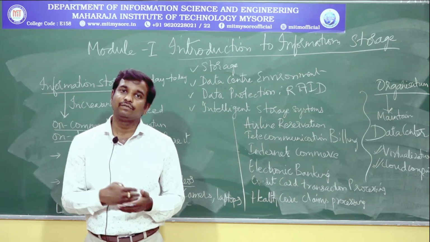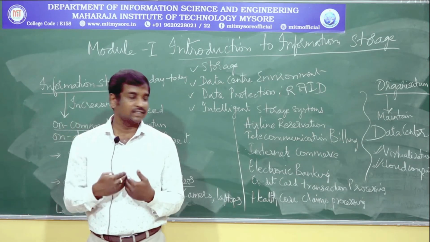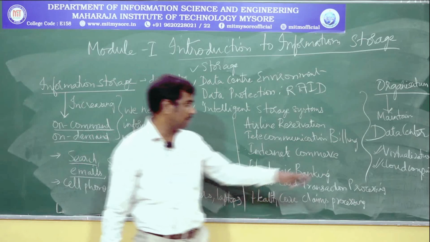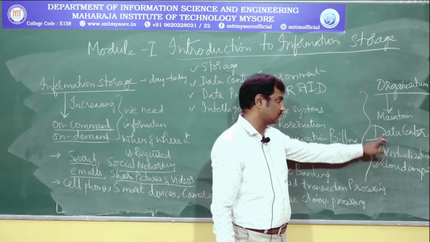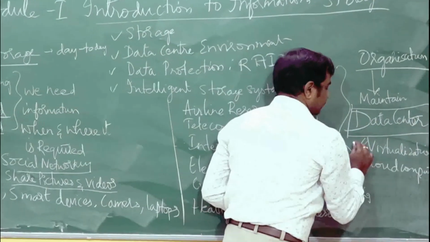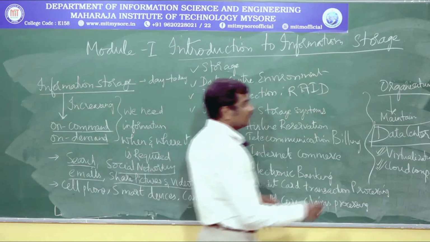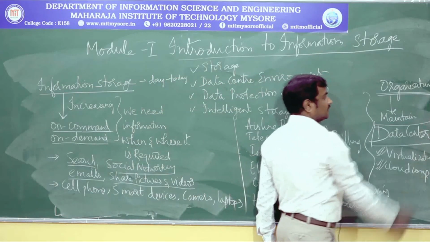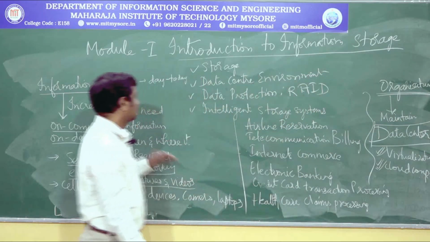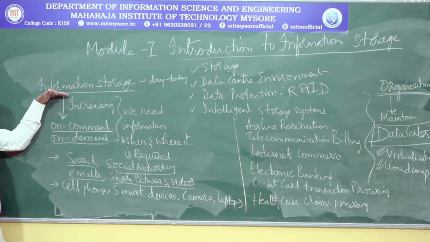Whenever we are searching with the indexed data itself, we are extracting the data by using virtualization concepts. Like that, data centers will incorporate virtualization concepts and cloud computing operations to maintain a large amount of data in the organizations. This is what we are actually learning about information storage.